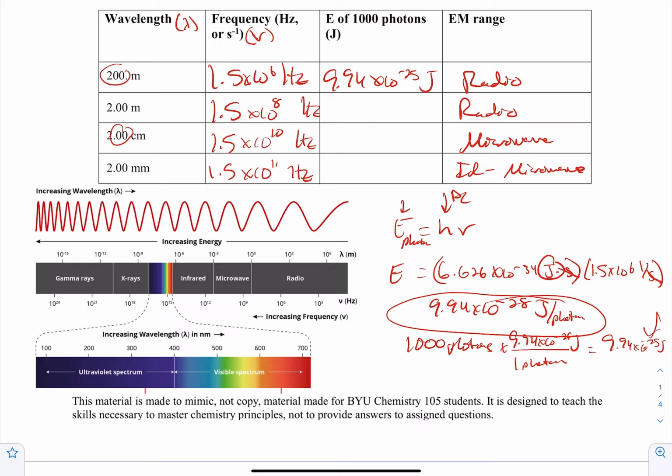And also, because we're using the same numbers here, we're going to get the same number except in different orders of magnitude. So I'm going to put 9.94, and these will all be in joules, with some negative exponent.